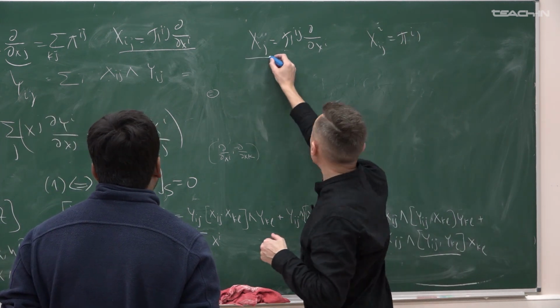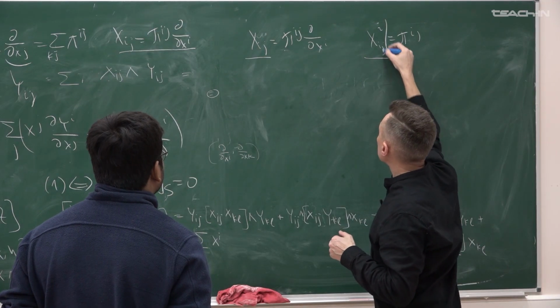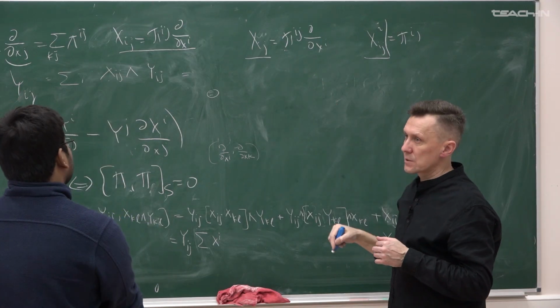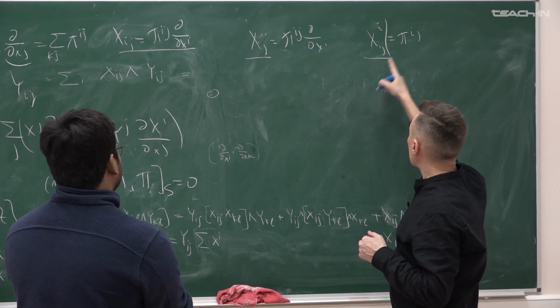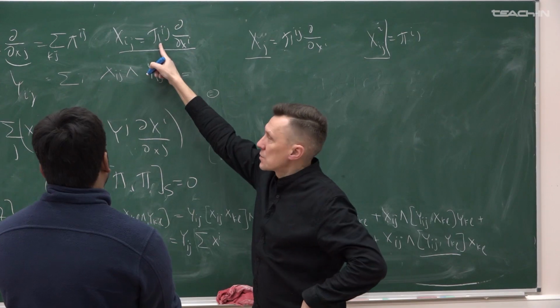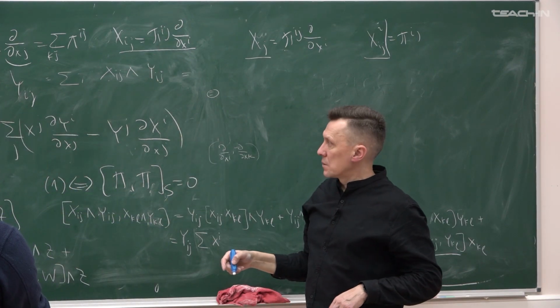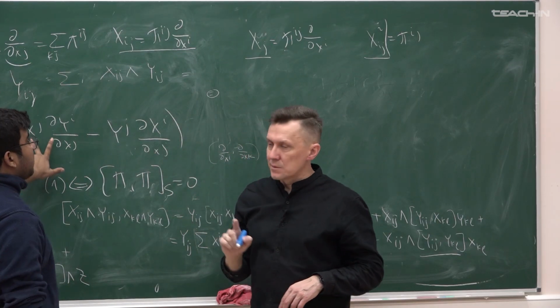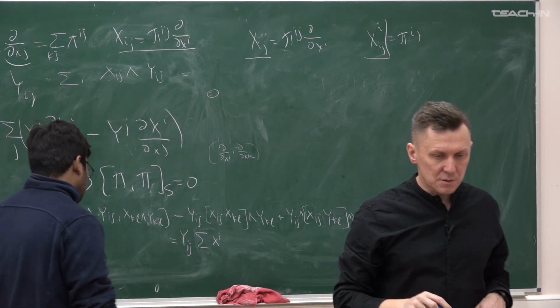So this is a vector field. This is the i-th coordinate of the vector field. And this coordinate is equal to this coefficient. Okay. And now you have to differentiate. So instead of writing this, you need to write this pi. Yes.